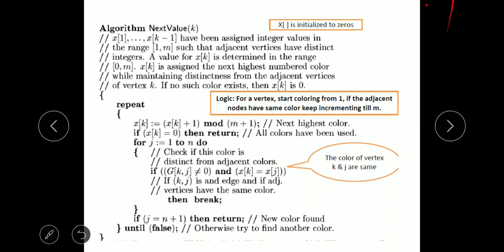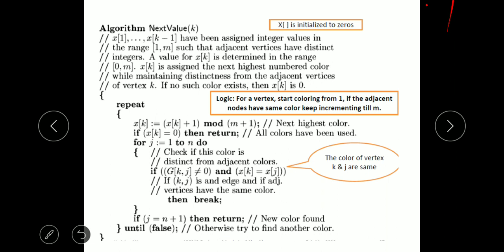This algorithm NextValue of k assigns integer values in the range 1 to m to the adjacency matrix x of 1 to x of k minus 1, such that the adjacent vertices have different integers in them.